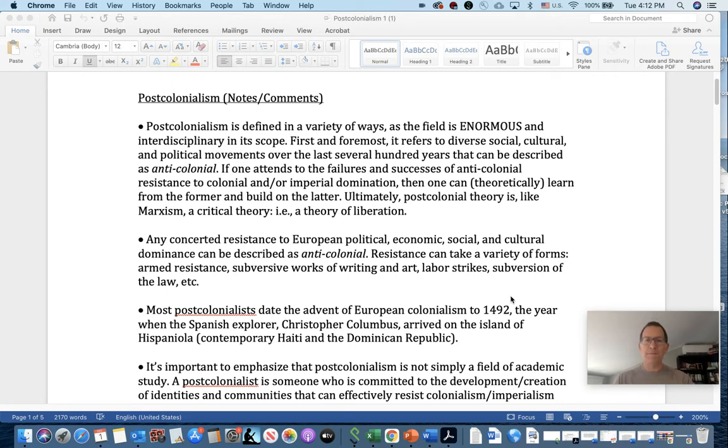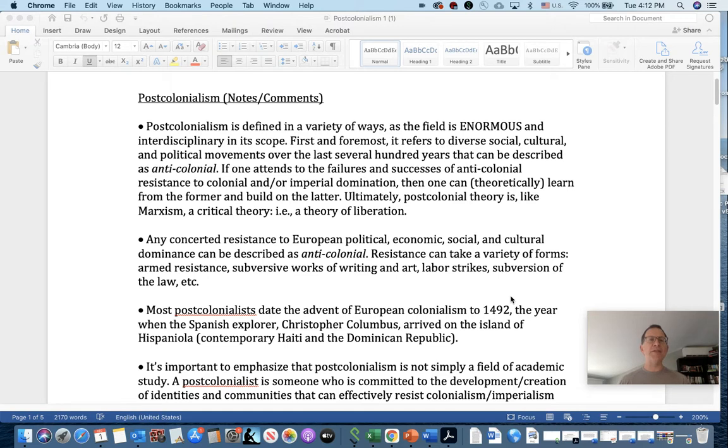First and foremost, it refers to diverse social, cultural, and political movements over the last several hundred years that can be described as anti-colonial.